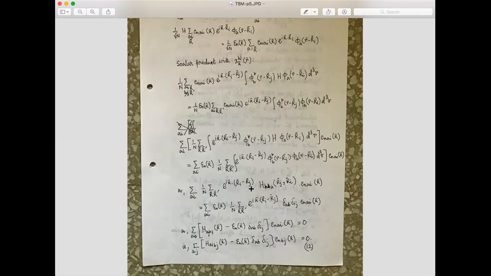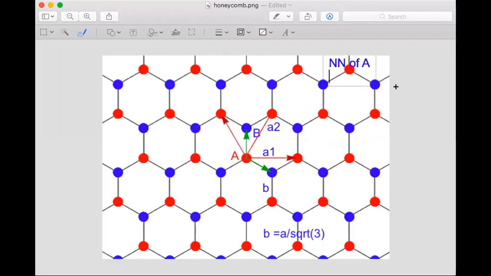And the three B neighbors of an A sublattice atom would be, let me pull it up here. So this is B, and B is A over square root 3, where A is this much.